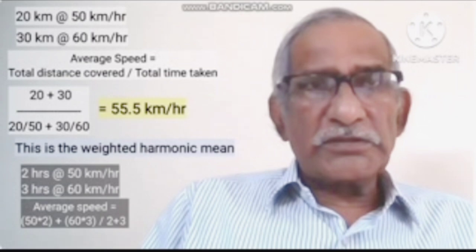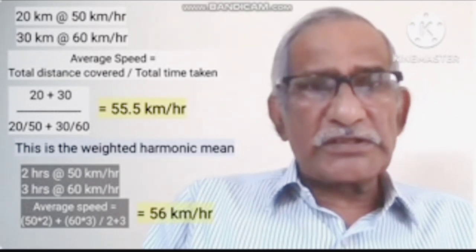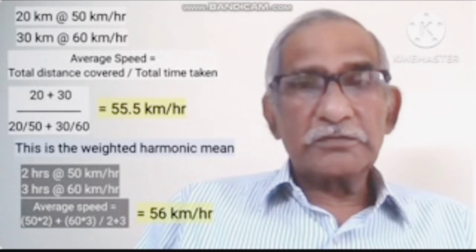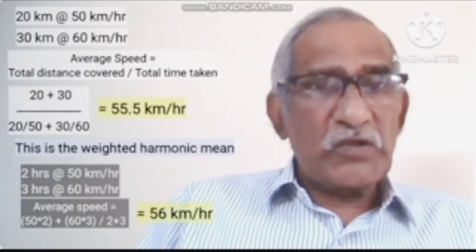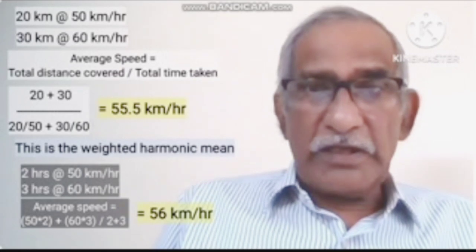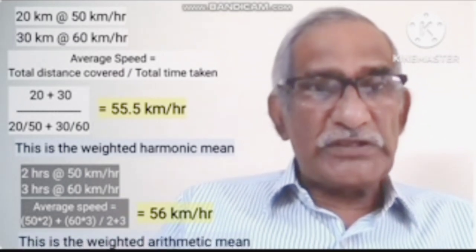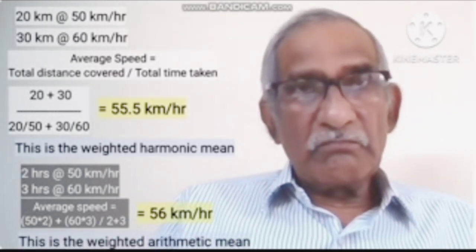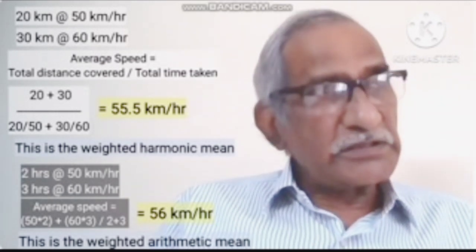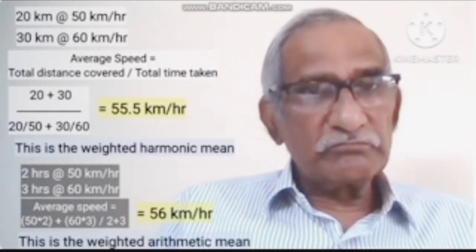This average is equal to 56 kilometers per hour. But here, this 56 kilometers per hour is the weighted arithmetic mean of the two speeds, 50 kilometers per hour and 60 kilometers per hour.